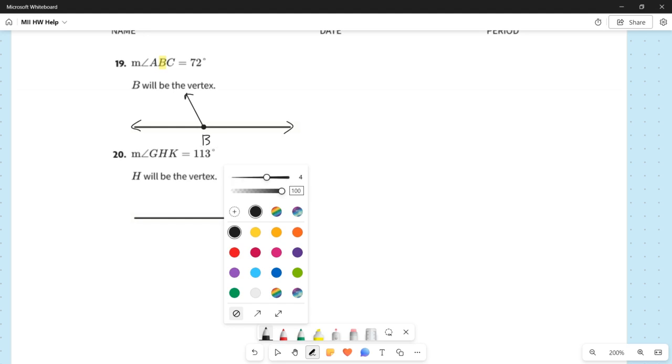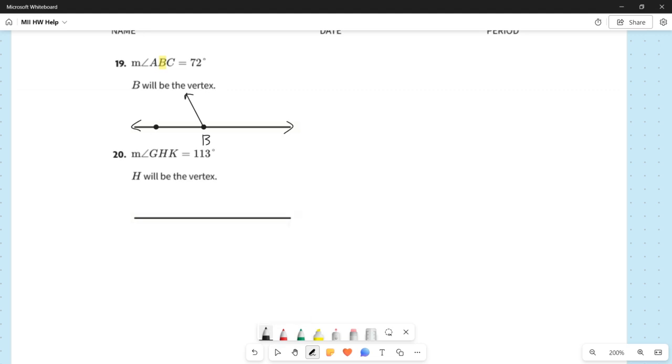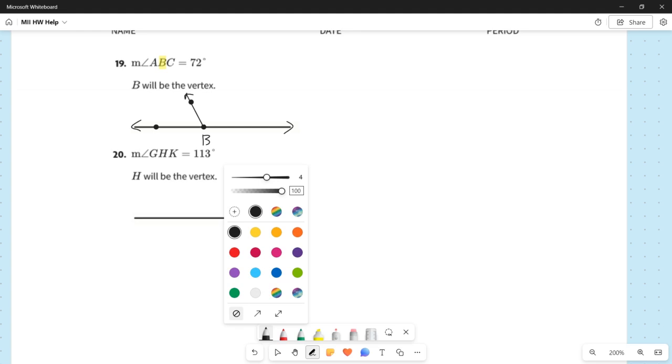As far as A and C are concerned, in the absence of any additional information, it doesn't really matter which one's which, but one of them has to go in that area, and one of them has to go in that area. One of them has to be on the line to the left of B, and one of them has to be on the ray. So we'll just label A as being on the ray and C as being on the line.